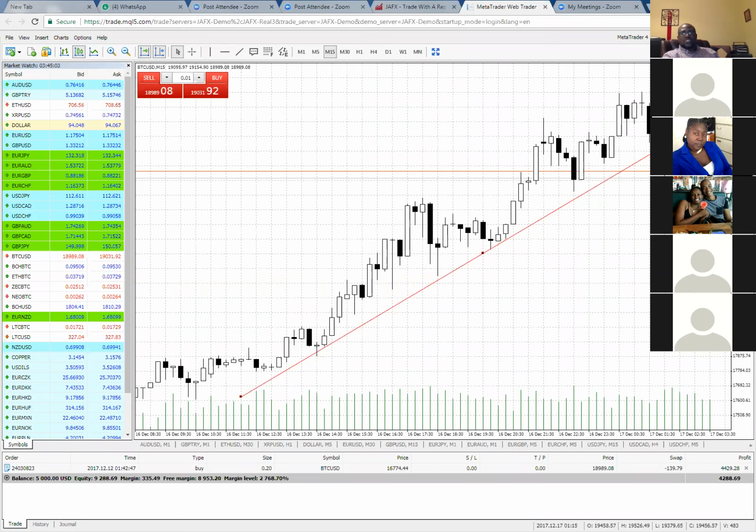And if you notice, the candle right here is a bearish reversal candle. What do I mean by that? Here is a bullish candle, bullish. Now, on the way up, we had more white candles than dark candles.